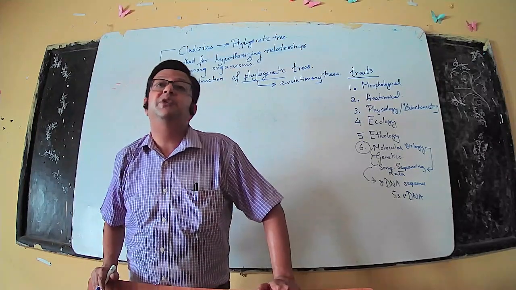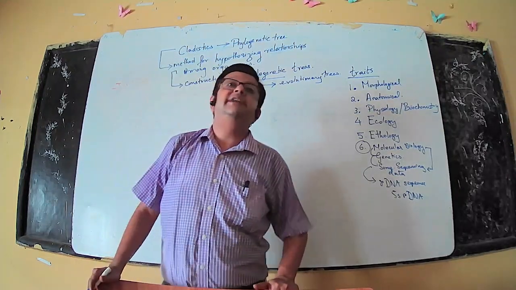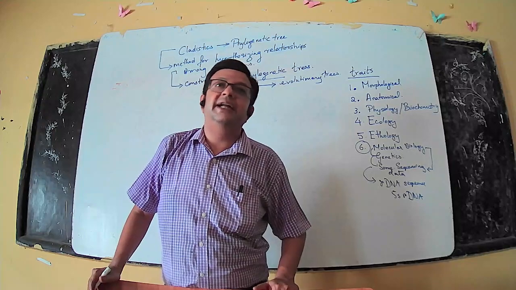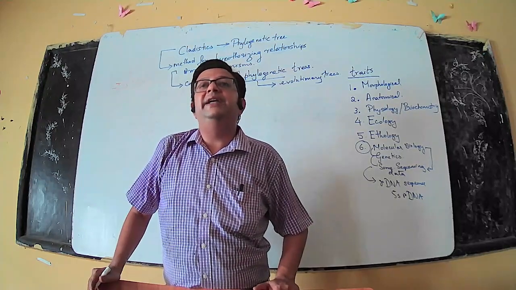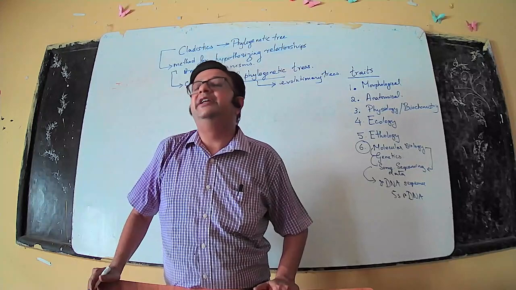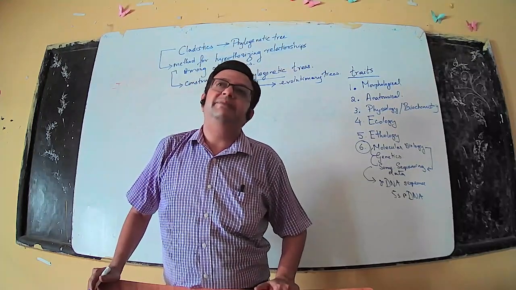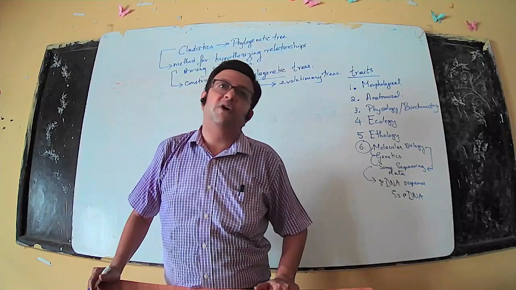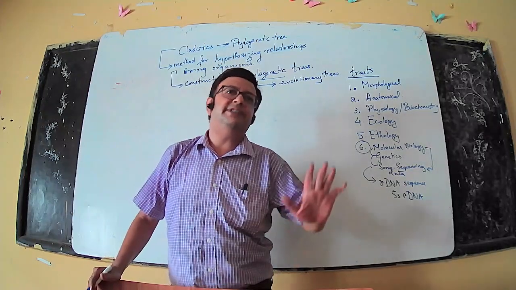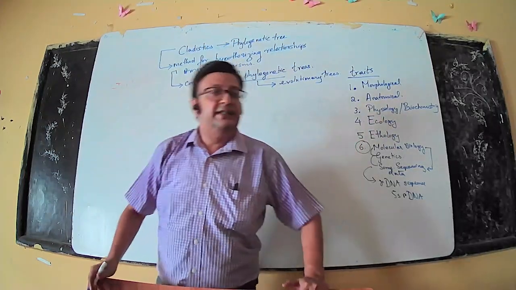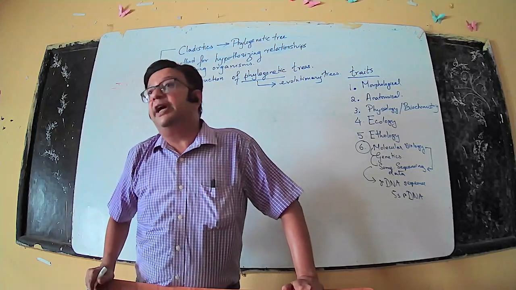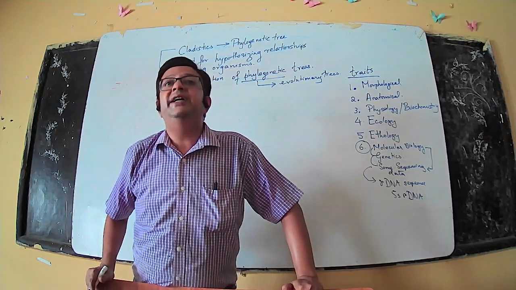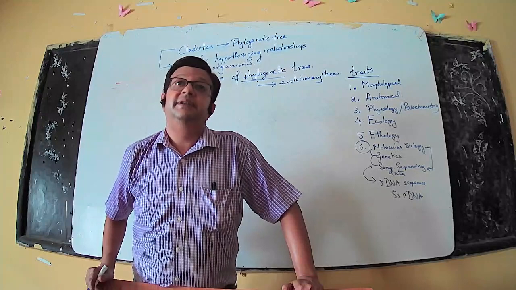Suppose you have 100 nucleotides in ribosomal RNA, something like that. And you find that within this 100 nucleotides, in organism A and organism B, they have got 60 common. 60 of them same, 40 not same. Then you again see organism C, in that you find 80 common.